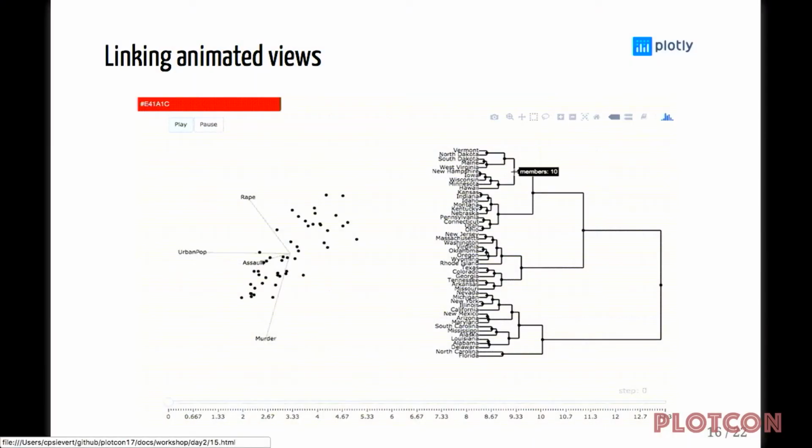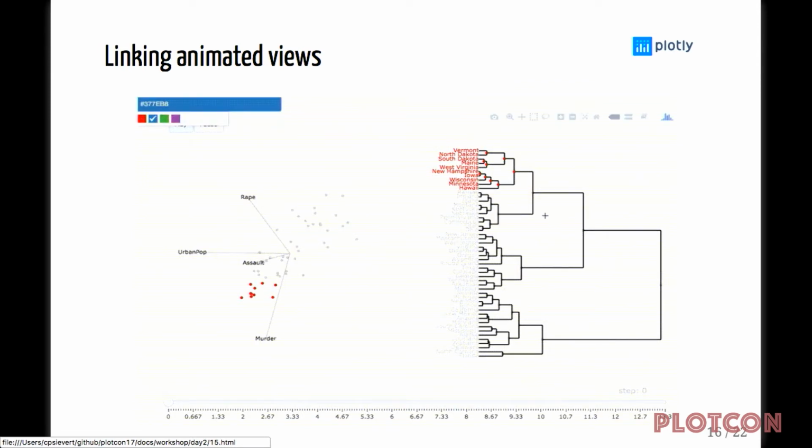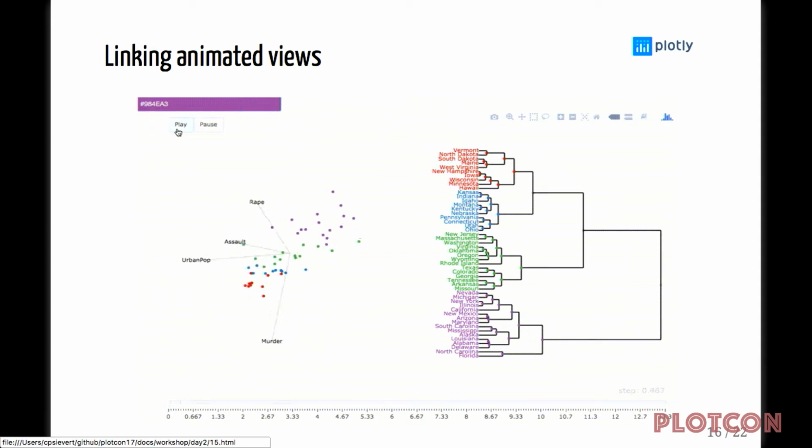And we can also link with animations. This is an example where I'm linking a tree dendrogram to what's known as a grand tour, where I'm essentially interactively selecting a number of groups in an unsupervised classification problem. Here choosing 4 groups.